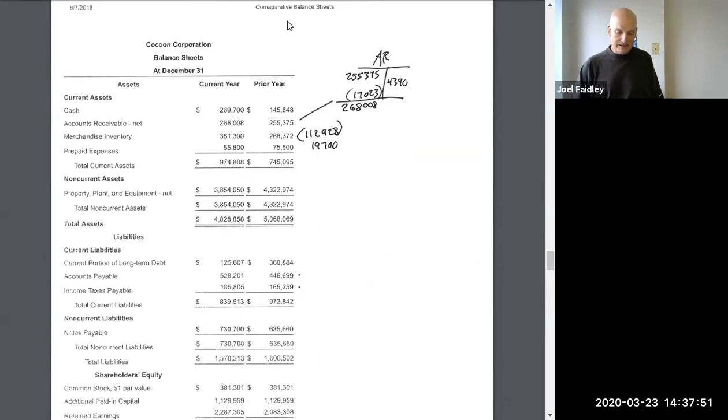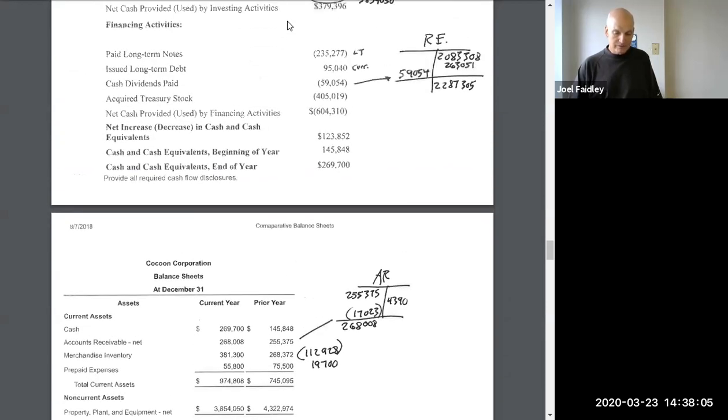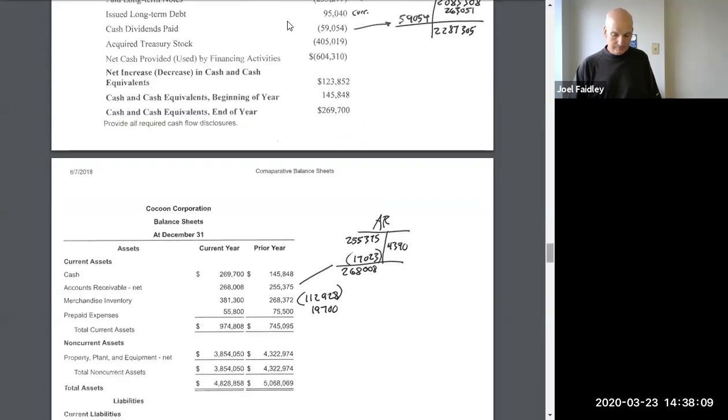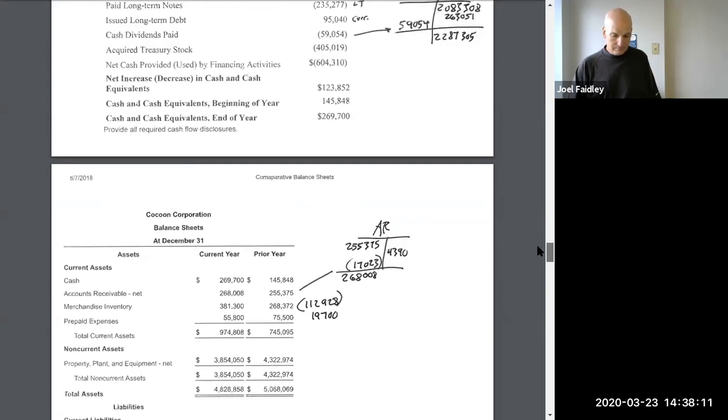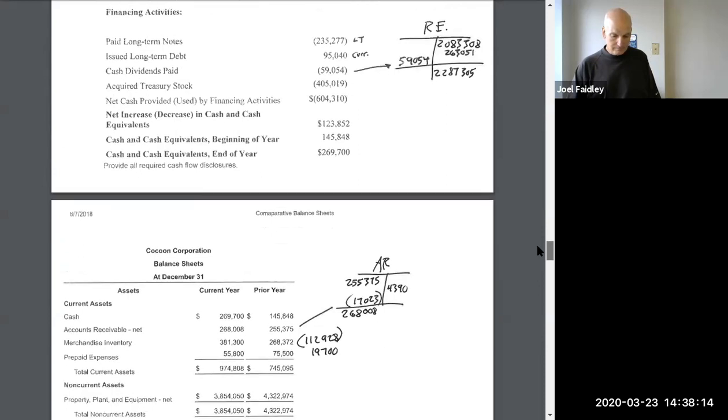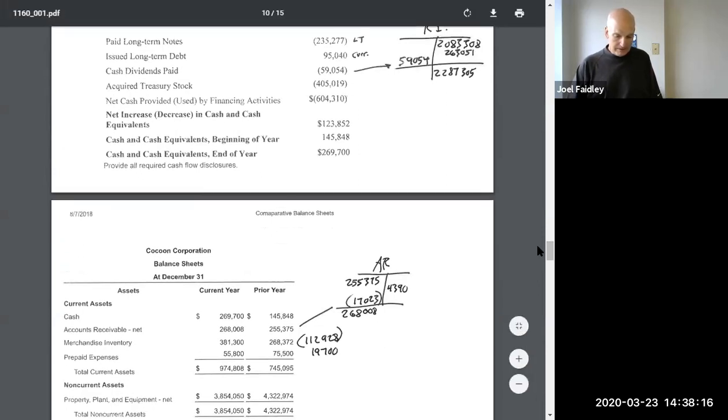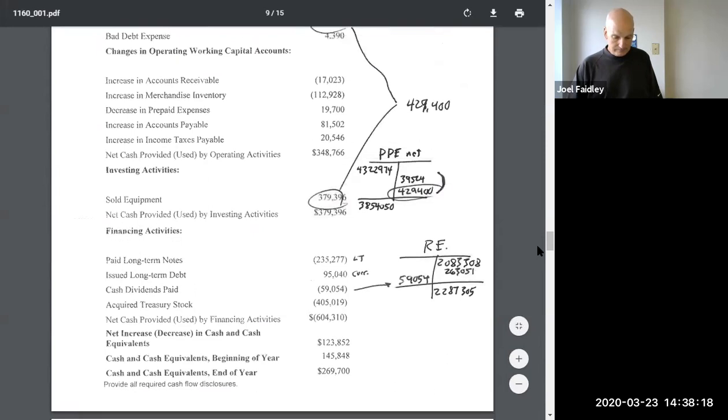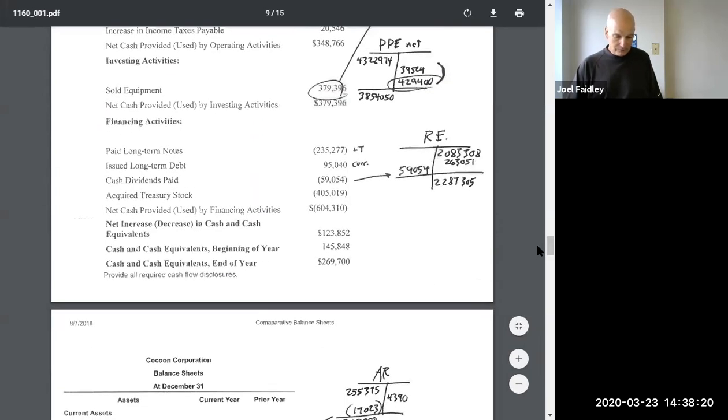But you're breaking this difference out into 2 areas. All right, there's merchandise inventory, there's prepaid expenses. What about property, plant, and equipment? Those 2 numbers. Because we had a sale, didn't we? There's my beginning balance. Somewhere, there it is. 43,22,974. There's my ending balance.